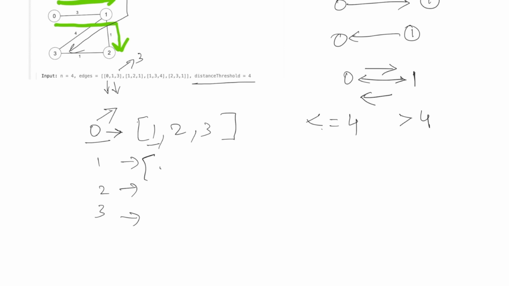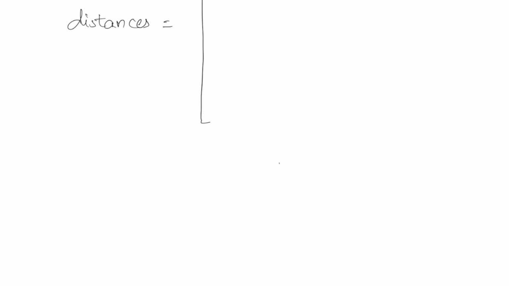For this, let's go to the intuition. We will have a distances matrix which will keep track of distances of each and every city. So we need to make an n cross n matrix, and what you will do is put everything as the highest number, infinity.